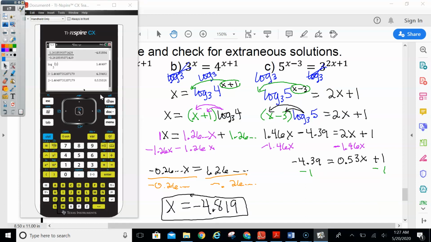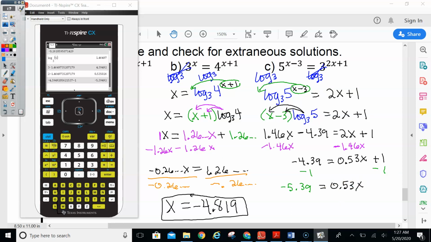So I need the 4 number. Oh, actually I need it to be negative first. So negative, go up and get that 4 number, minus 1, gives us negative 5.39 stuff equals 0.53 stuff with an x.